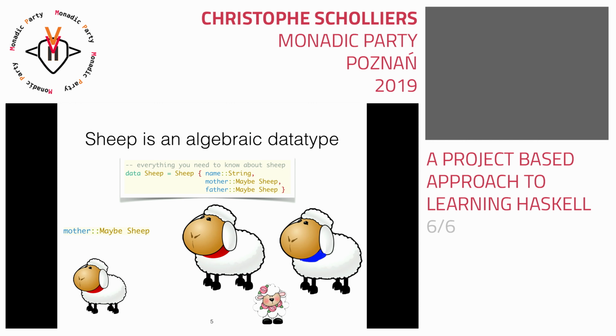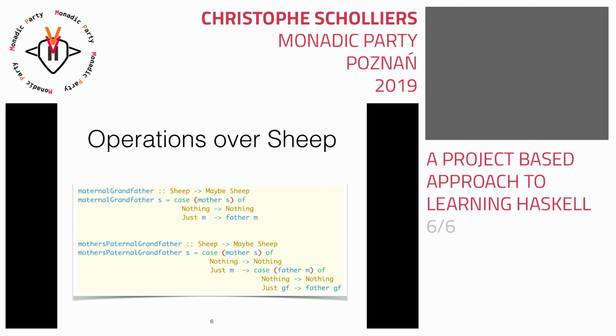Okay. So let's define some operations about sheep. The maternal grandfather. So what do we need to do? We have a sheep here, and we have this accessor mother to get the mother of a certain sheep. And in case it's nothing, we are going to return nothing, right?